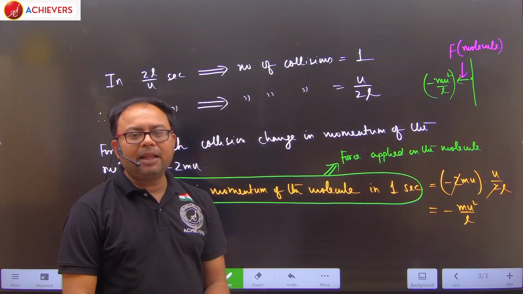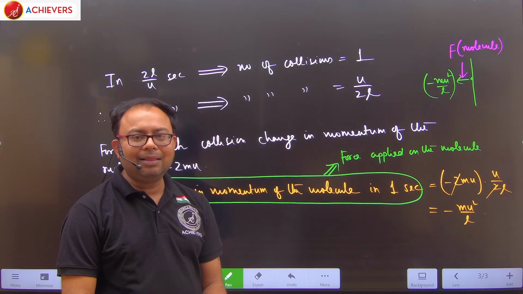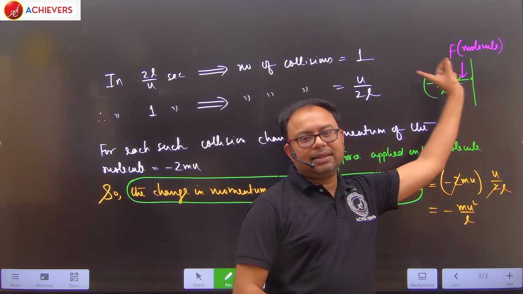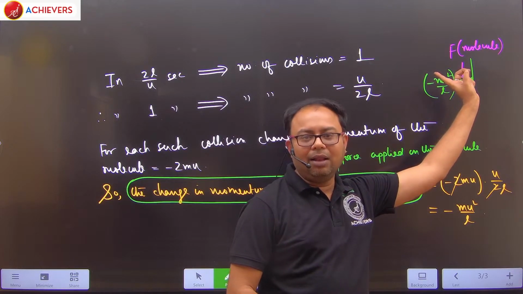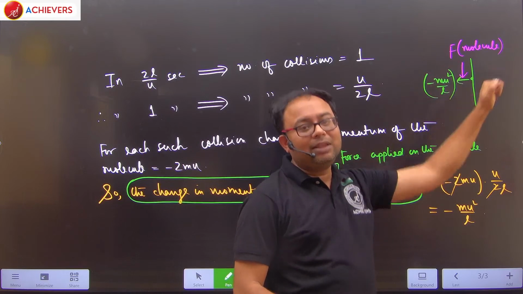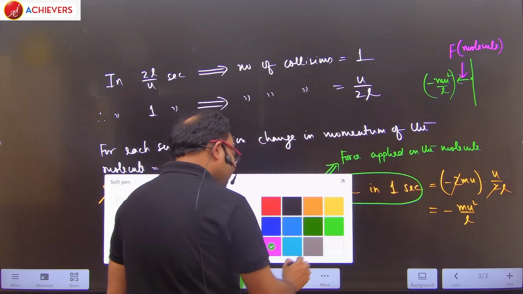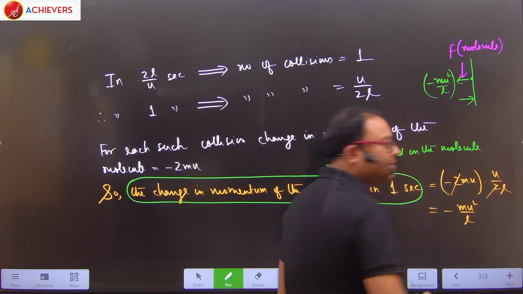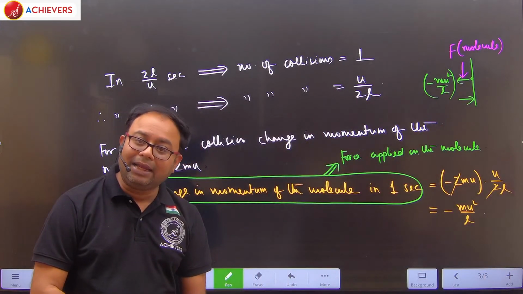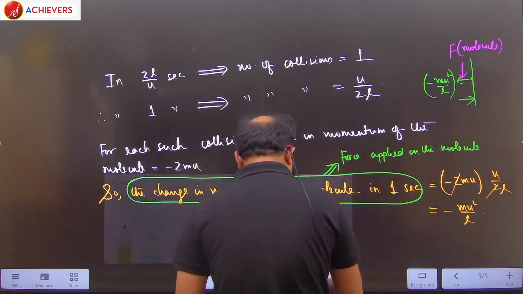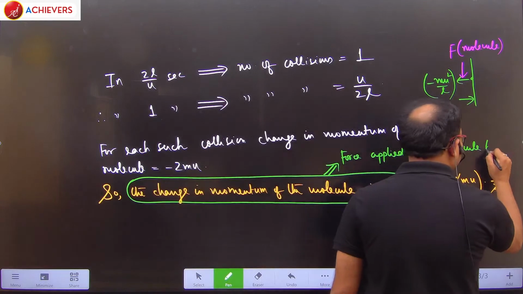So what will be the force applied on the wall? The force applied on the molecule is in this direction by the wall. So what is the force applied by the molecule on the wall? It is just the same but in the opposite direction. So this is the force applied by the molecule on the wall, and this is the force applied on the molecule by the wall.